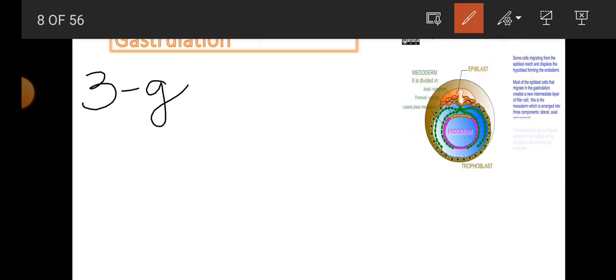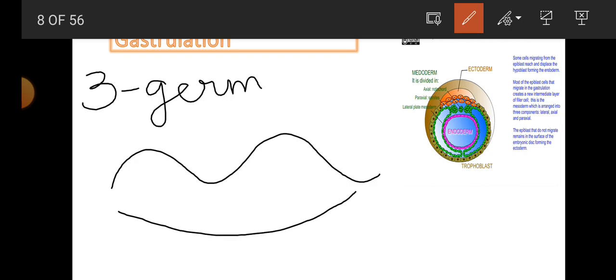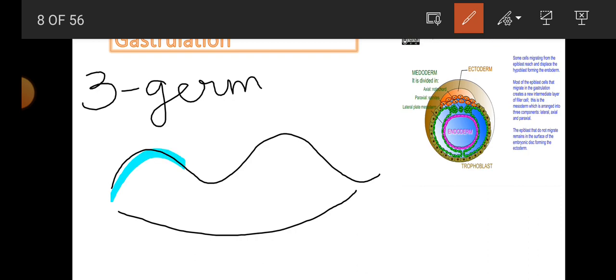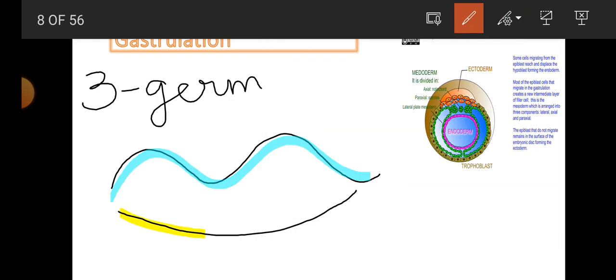What are the three germ layers? Just now we saw there is a top layer called the embryoblast, and a lower layer called the hypoblast. During development something is formed here called the notochordal process, which forms this indentation.